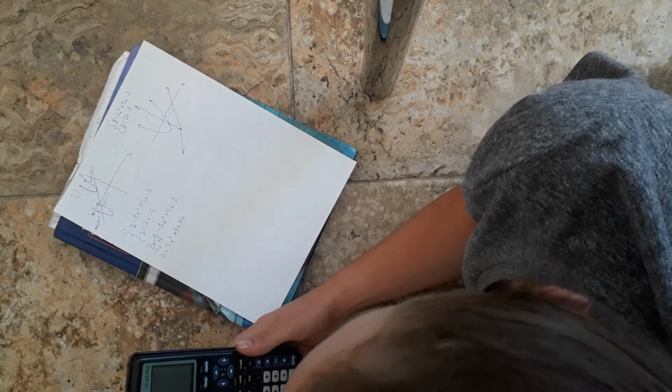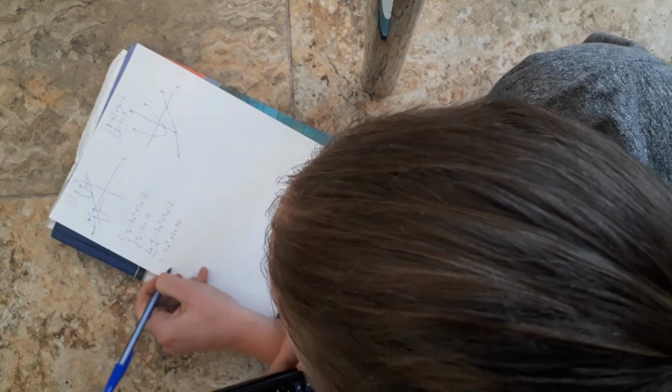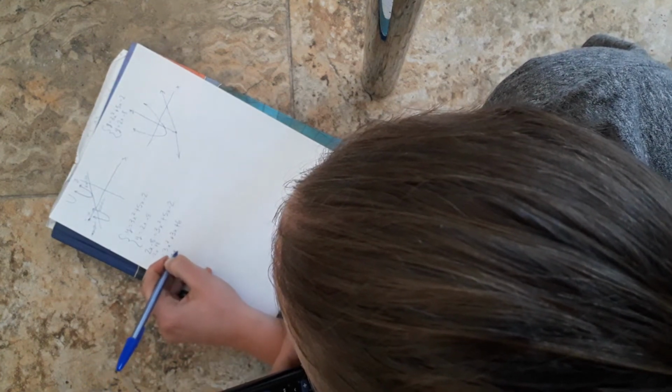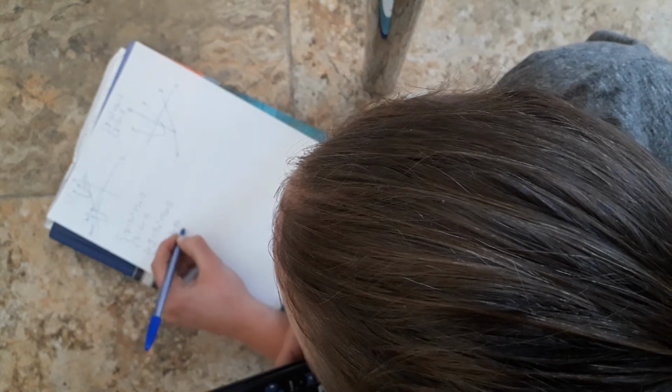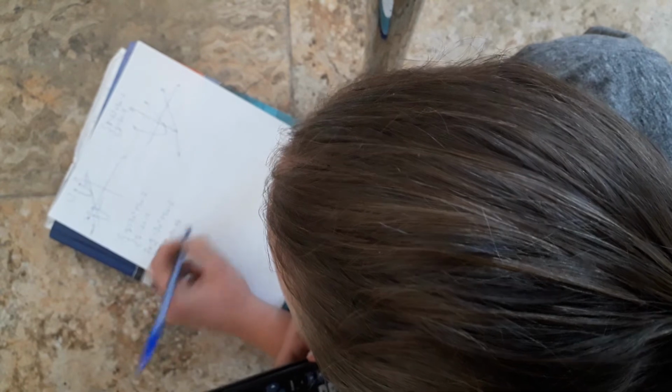Let me just check that on paper then. x equals negative b plus or minus the square root of b squared minus 4ac, all over 2a.